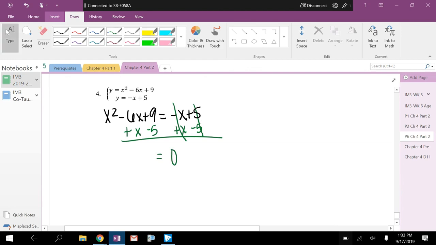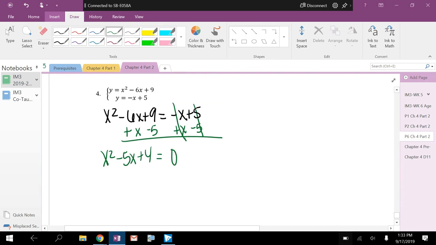Bring down that x squared. -6x plus x is -5x. You were right with 5, it was just negative. That's why I said you're close. 9 minus 5 is 4. Awesome.